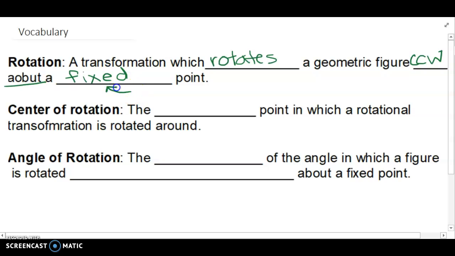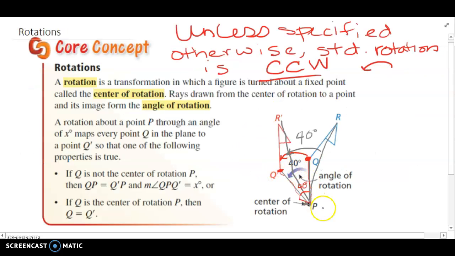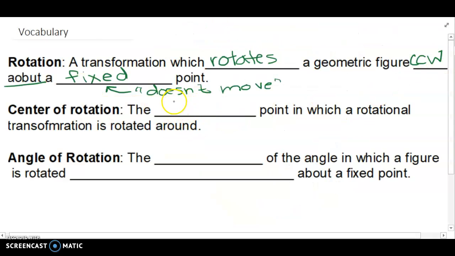When I say fixed point, I mean it doesn't move, it stays there. The center of rotation, like we just showed here, would be right here. It's the point that everything's rotated about. The fixed point, and once again, it doesn't move, is the point in which all rotational transformation is rotated around.